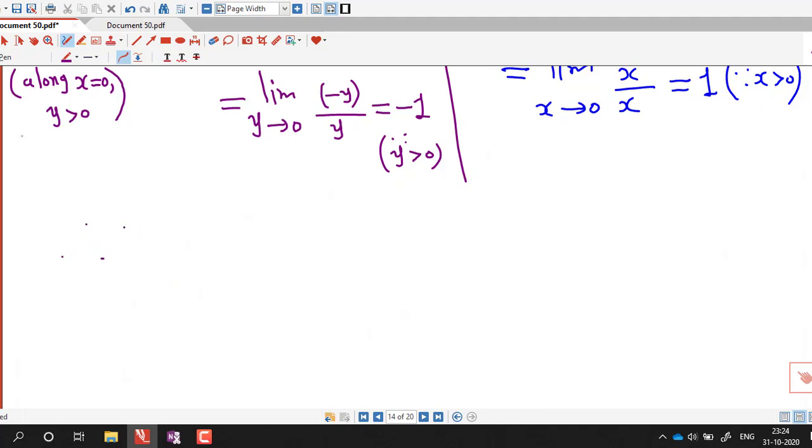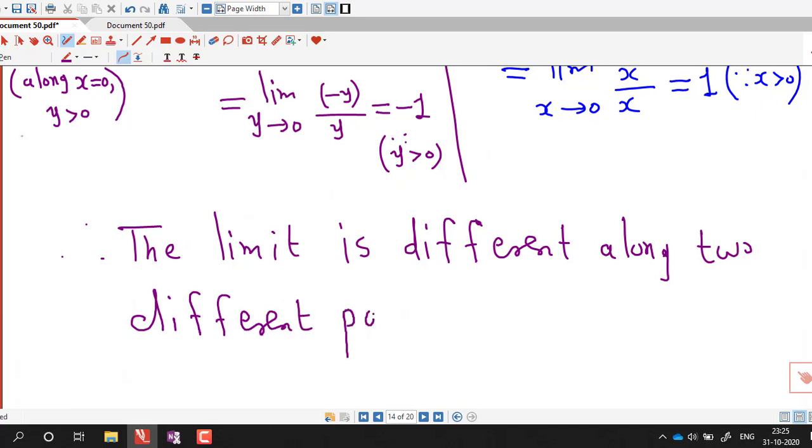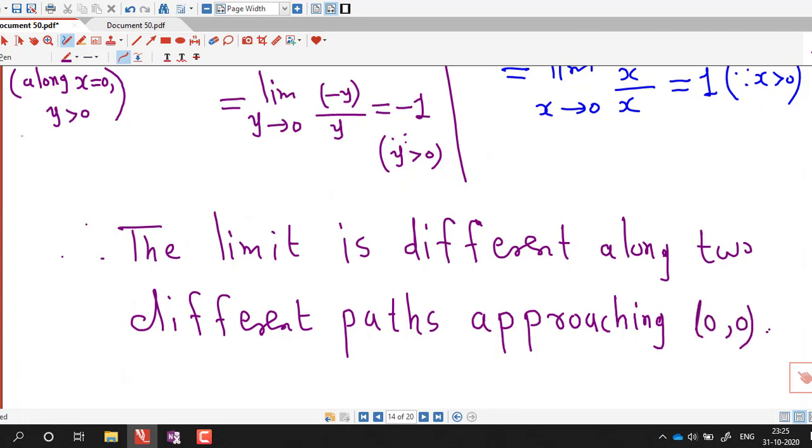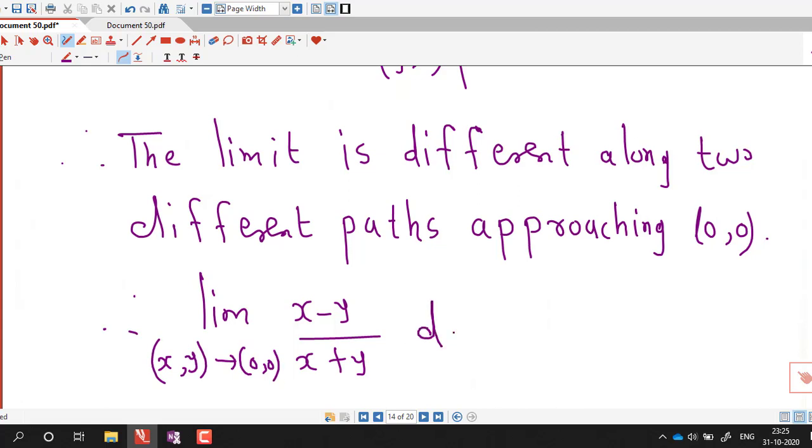So we can write: the limit is different along two different paths approaching (0,0). So therefore the limit of (x minus y) over (x plus y), (x,y) approaching (0,0), does not exist.